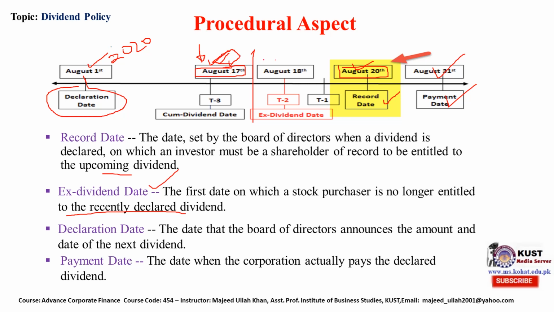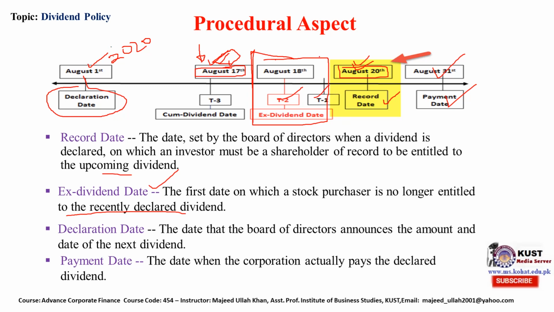These 2 days are to scrutinize the register book of the shares. So any people who are recorded on August 20th will receive the dividend. Often it is a practice that the 2 days before the record date, that is T-2 and T-1, 18th and 19th August, are called ex-dividend.